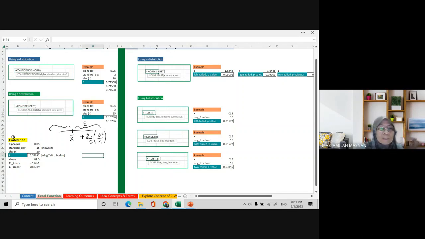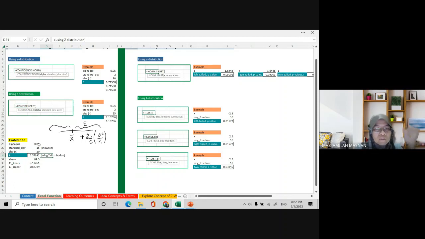That's why I put sigma here, so that I am sure which formula I wish to use. When sigma is known, automatically you are going to use the Z distribution. That's why you have to take note of all the information given to you.